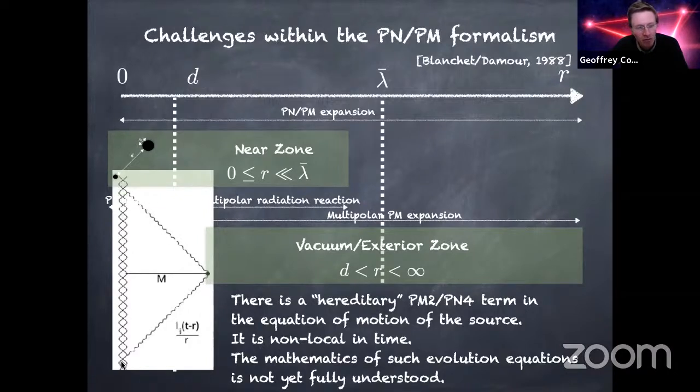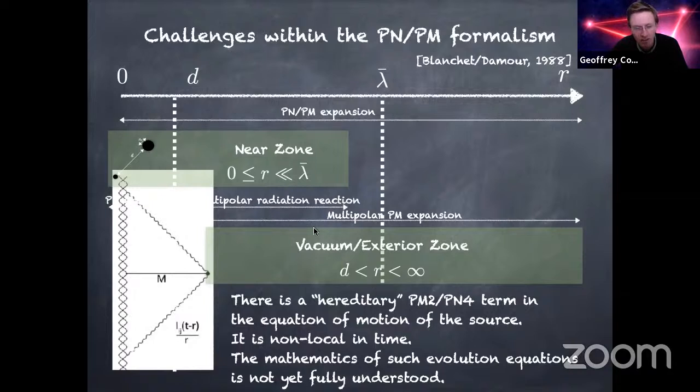So the evolution of the system is non-local, because depending on its past history, it will have influence on the future. So you have non-trivial equations here. They're not standard differential equations. You have these non-local in time equations, and the mathematics of them is not fully understood.